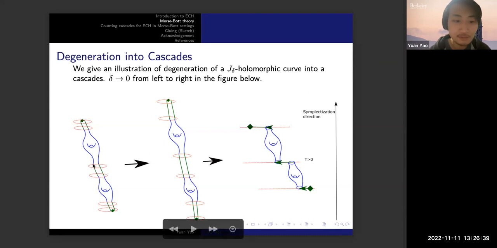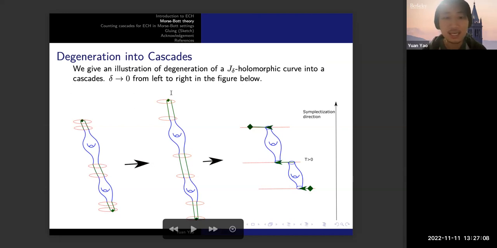So in the green level, it's going from one place to the other following the gradient flow of delta, which is the size of the parameter, times f, which is the perturbing Morse function. As delta goes to 0, the gradient flow of delta f becomes very slow. That's why these necks become very long, because you need to flow for an extra long time to get from one place to another.